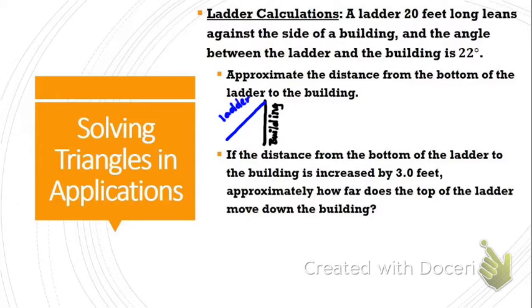All right, what else do I know? Or what else would I need to include in my picture? Ladder is 20 feet long. What else? What'd you say? So where does that go in my picture? I agree that that needs to go there.